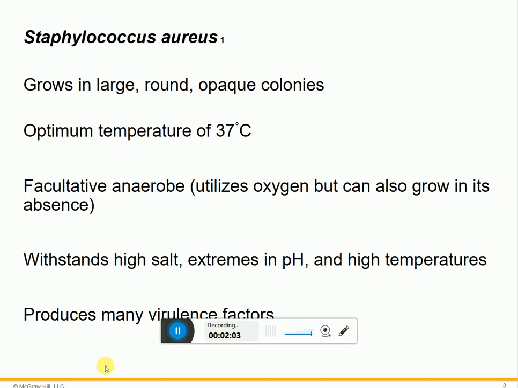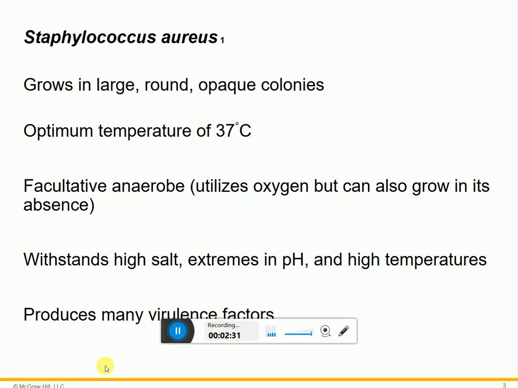So what are virulence factors? Virulence factors are basically things found in each organism that help the organism invade a body, stay there, and spread within the body, and that lead to the signs and symptoms of the diseases caused by that organism.